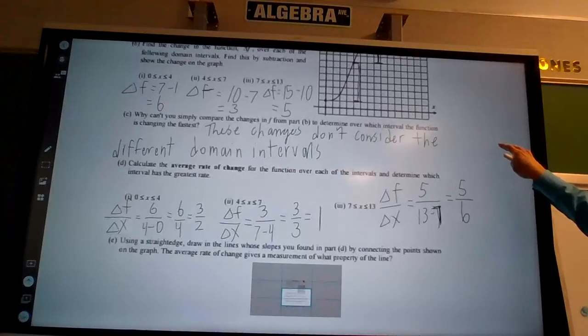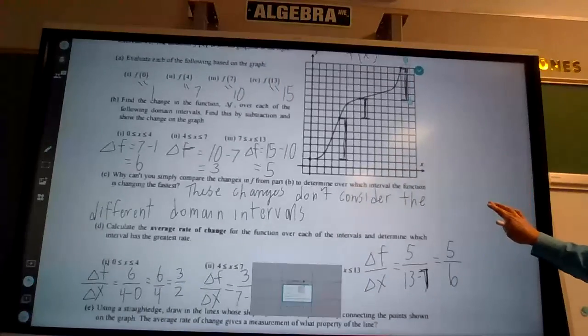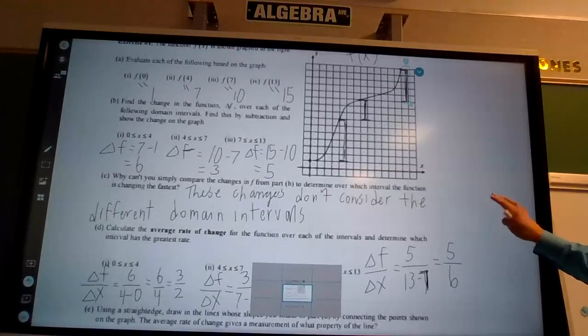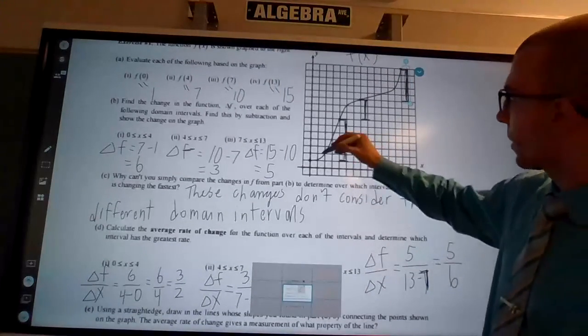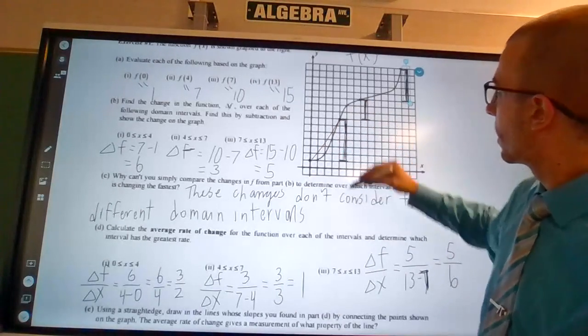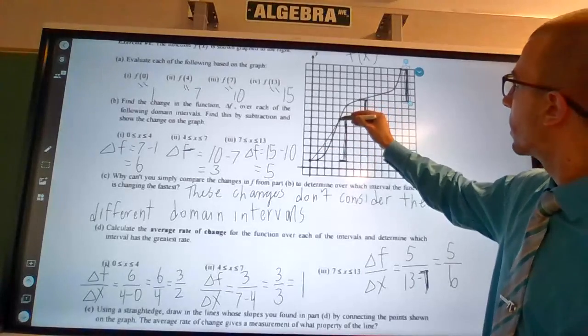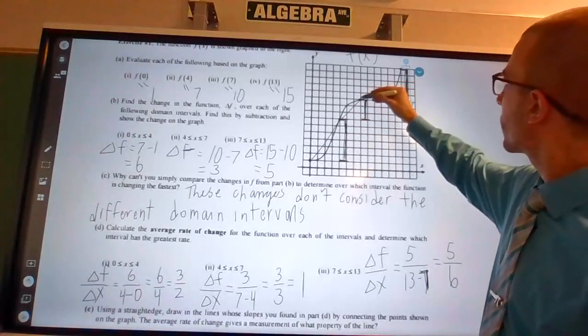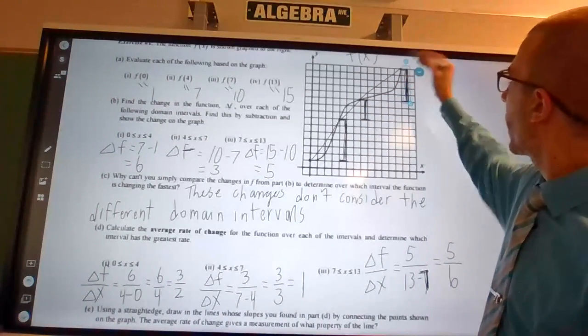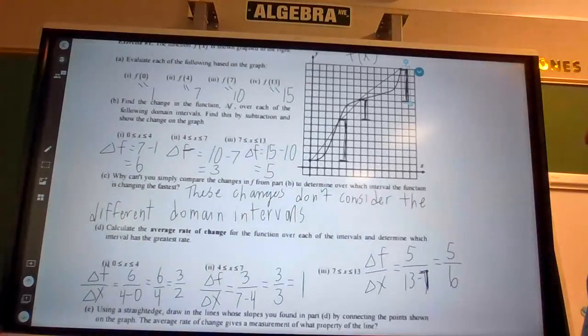So now it says, using a straight edge, draw on the lines whose slope you found in part D by connecting the points shown on the graph. So I don't have a straight edge here. It's a little hard to use on this board, but please use your straight edge. There's one slope there. There's my second, and there's my third. All right?